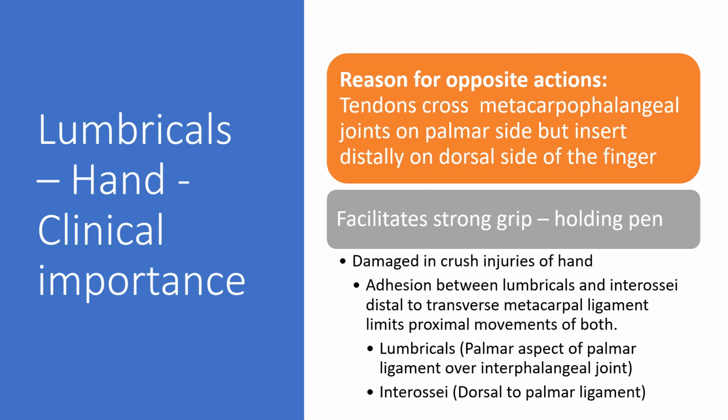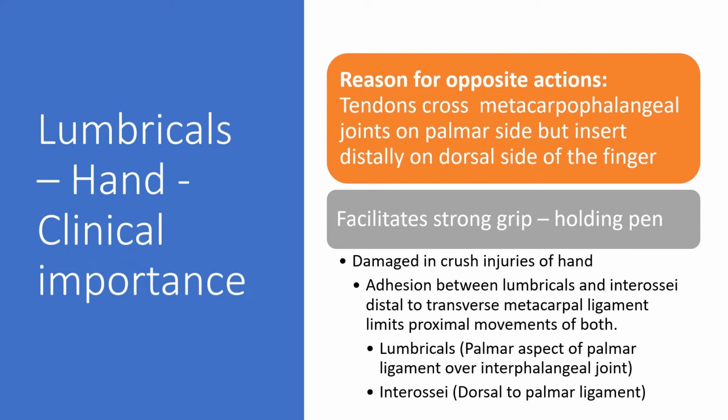Why is there opposite action of the lumbricals on the metacarpophalangeal joint and interphalangeal joint? As I already explained to you, these tendons are crossing from the palmar aspect, so they are going to the dorsal aspect. When they are going, they cross the metacarpophalangeal joints on the palmar side, but insert distally on the dorsal side of the finger.